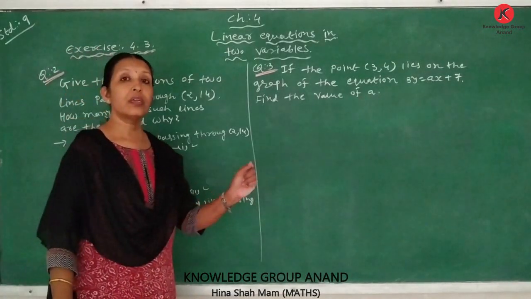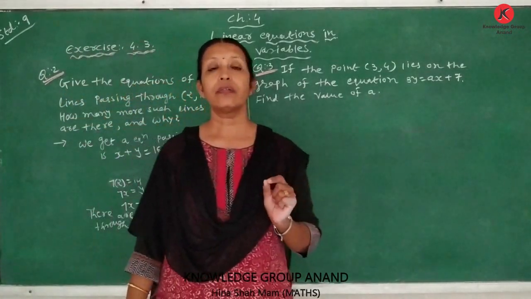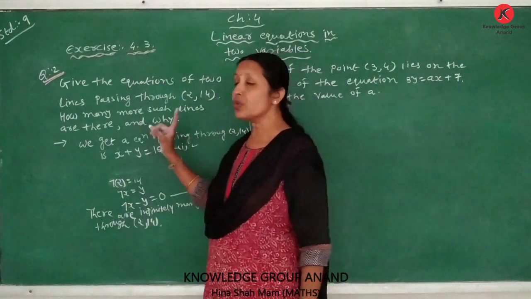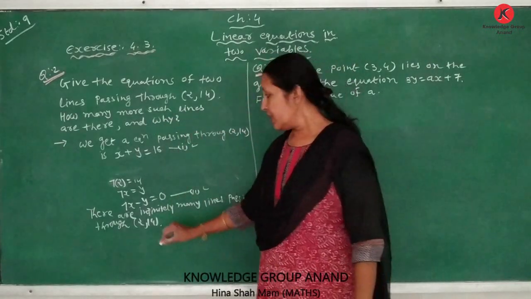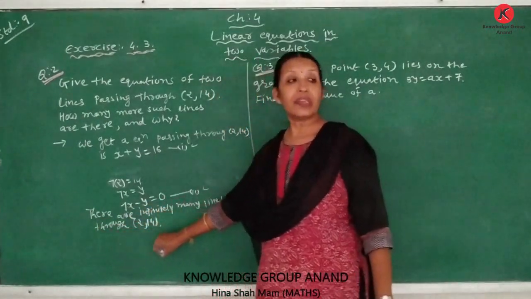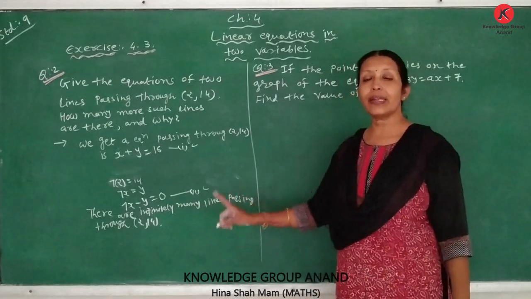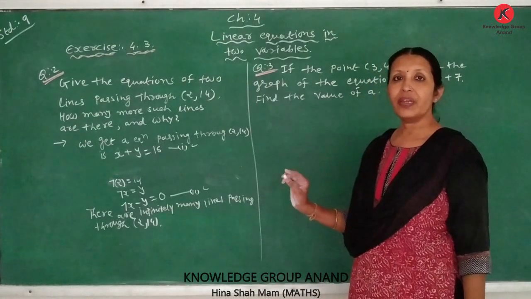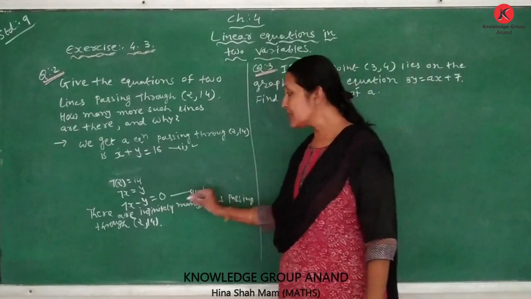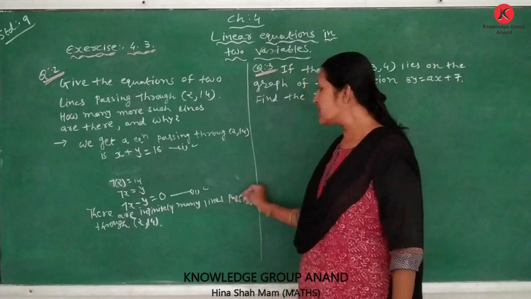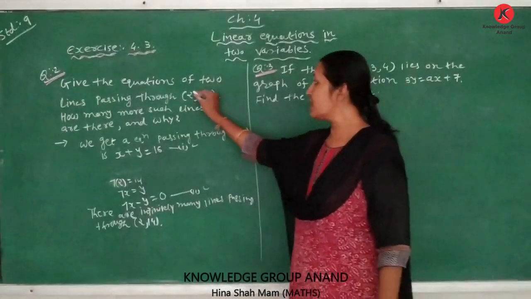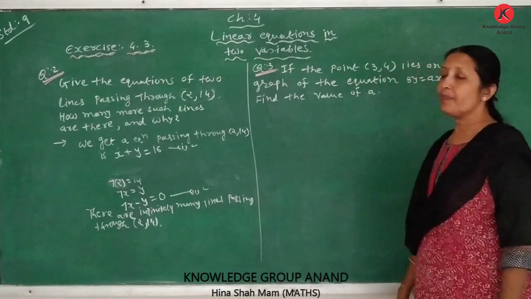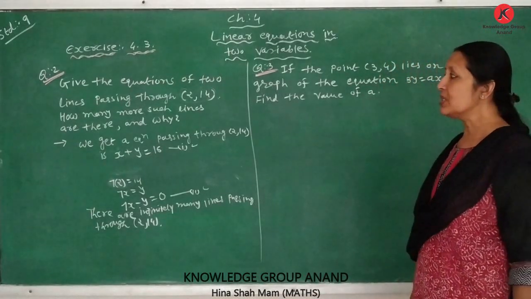Because there are infinite lines passing through one point. You write the reason: there are infinitely many lines passing through only one point. Here this is one point, (2, 14). Therefore, infinitely many lines pass through this point.